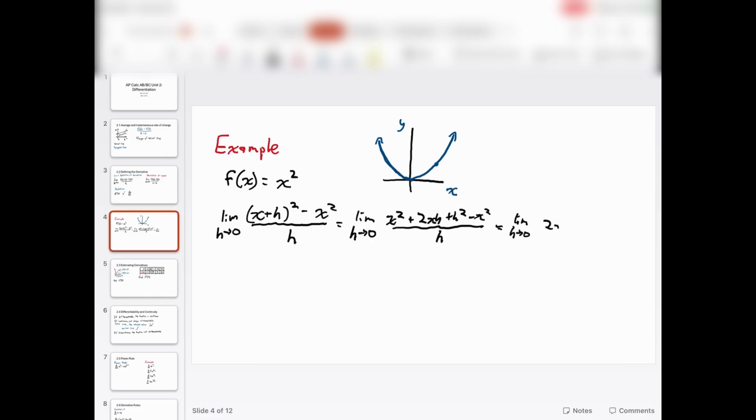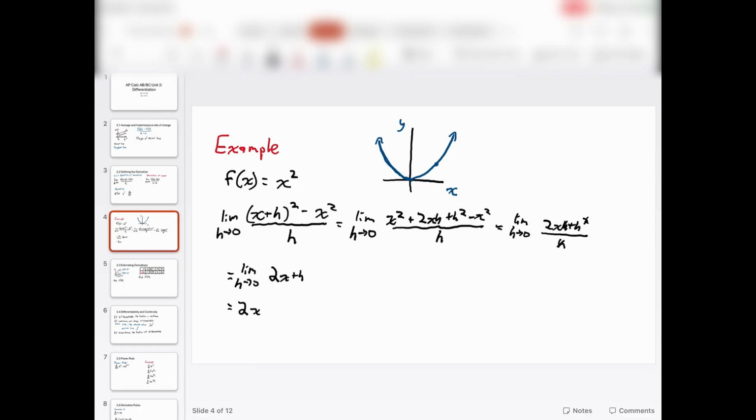We'd have 2xh plus h squared over h. You can see we have an h on the top and the bottom, so that would just leave us with the limit as h approaches 0 of 2x plus h, and since h is approaching 0, the limit, or the derivative, would just be 2x.